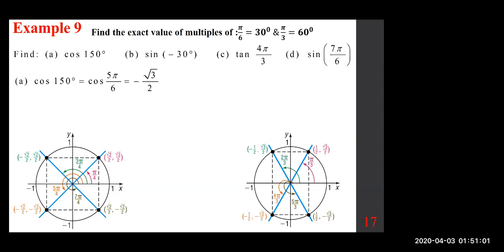This is from the graph, as you can see. The thing I want to add is the reference angle. How many people remember that? Sometimes they call it reference arc.